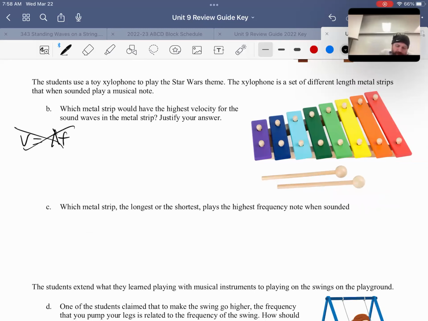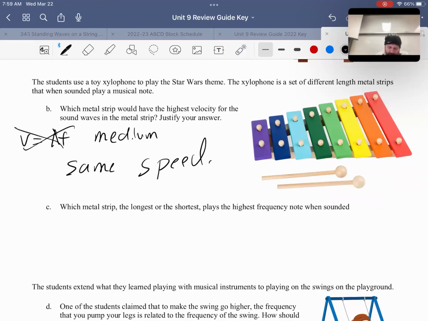So we're not using that equation here. The medium is the only thing that affects it. And so you look at the different medium here and you see, oh, it's all the same thing. They're all little pieces of metal. And so it's all going to have the same speed. So that's the medium piece. But we can then calculate that speed based off frequency and wavelength.